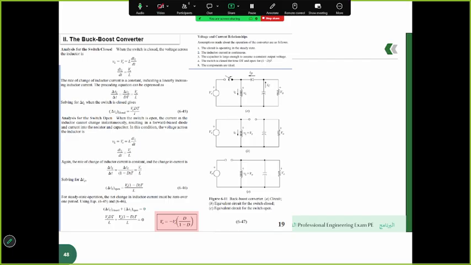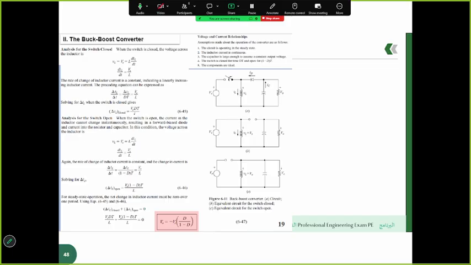When the switch is closed for a duration DT, the input voltage Vs is applied directly across the inductor, so the inductor voltage VL is equal to Vs, and the inductor current increases linearly, while the diode is reverse biased and isolates the output during this interval.